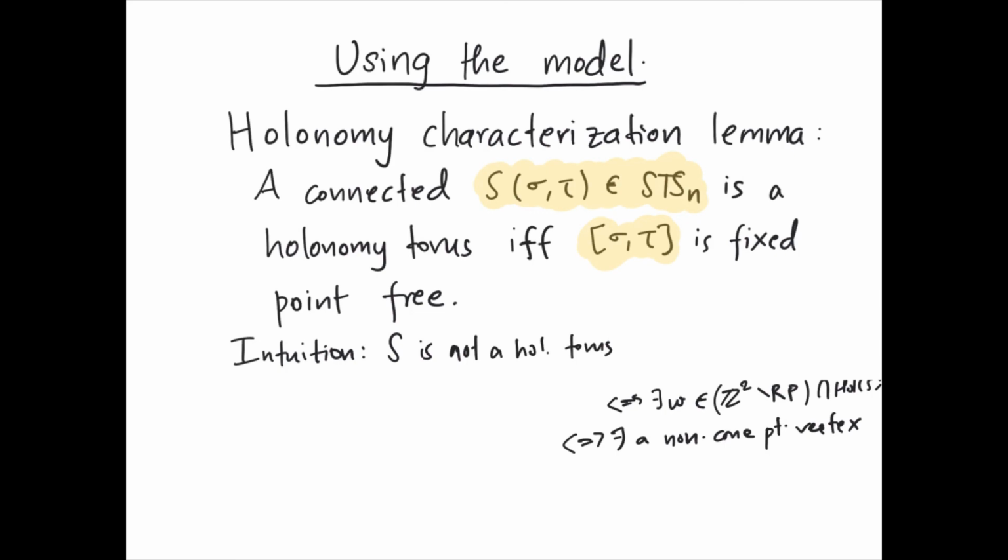And that non-cone point vertex should correspond to a fixed point, if and only if there exists a fixed point of the commutator. So that's basically the idea, almost the entire proof of this lemma.